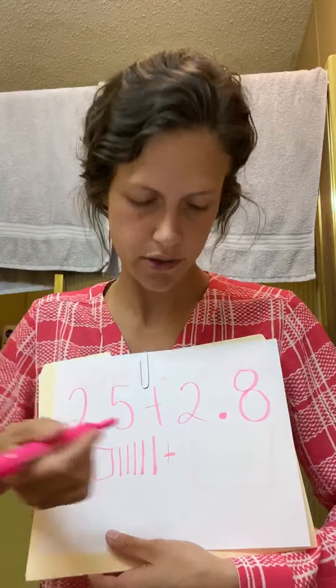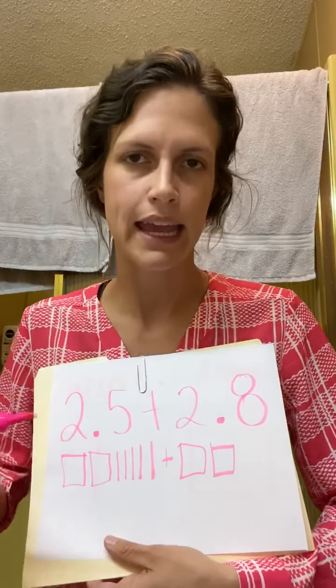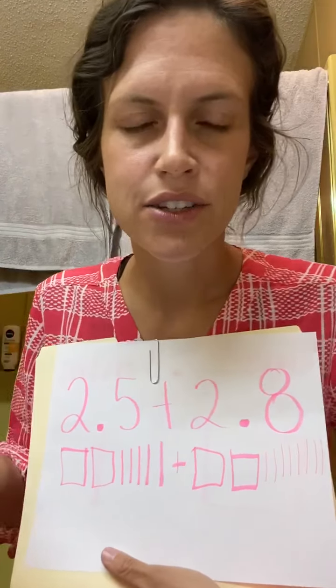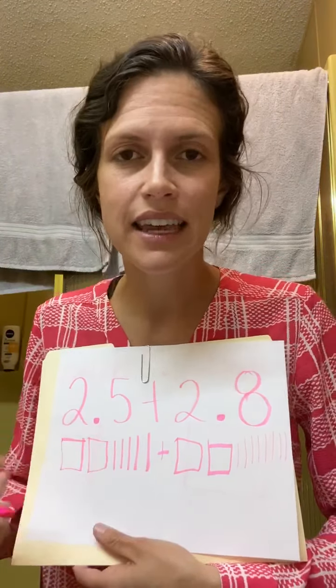Now we're going to add 2 whole numbers. 1, 2. Now how many sticks do we have right here? 8, right. 1, 2, 3, 4, 5, 6, 7, 8. Now that's a lot. So now what we're going to do is we are going to put these together.